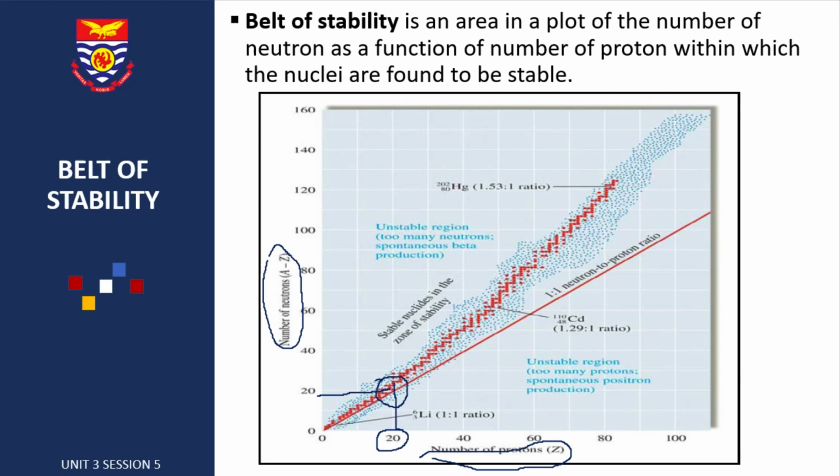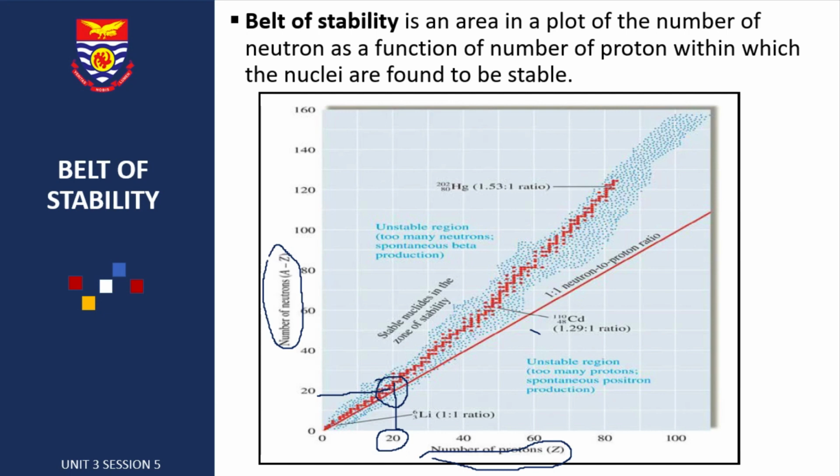All nuclei or isotopes of calcium that are found around the region, especially in the color blue, are said to be unstable because their neutron to proton ratios will be more than 1:1. An illustration is here. We have cadmium, where the neutron to proton ratio is 1.29:1.